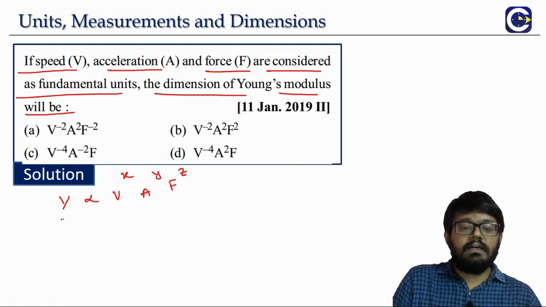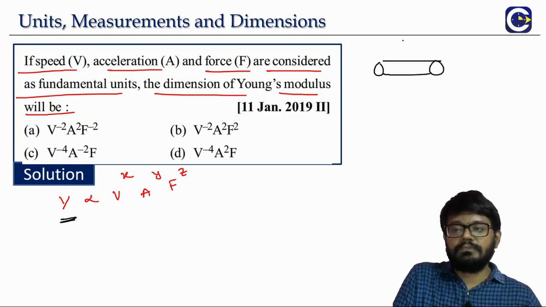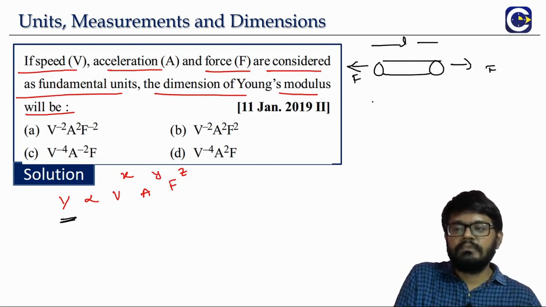What is this Young's modulus? Already we have discussed this in the part 1 video also. If you have a wire of some length, we apply a force such that we are trying to change the length of the wire. We actually call it longitudinal deformation. This comes in properties of solids. If the area of cross section is A, then force by area is what we will be referring to as stress.